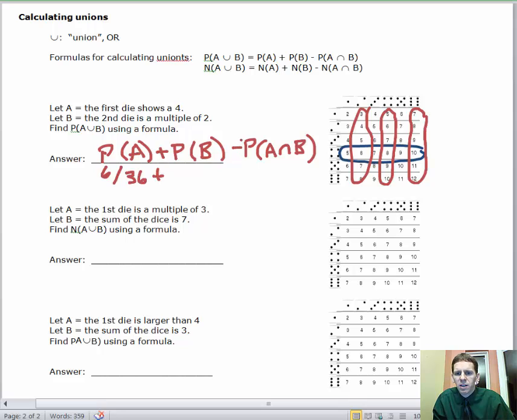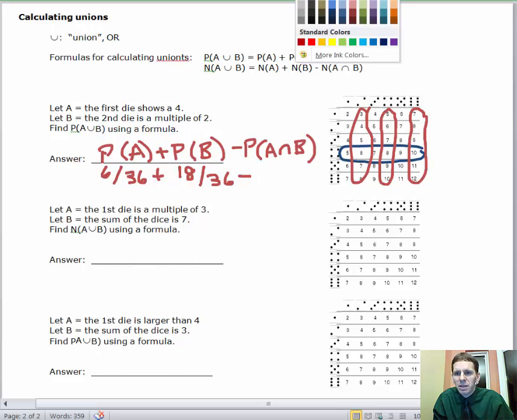The second event is the second die is a multiple of 2. There were 6, 12, 18 different ways that this could happen. Half of our diagram. Now you could write as 1/2, but we're going to leave it with the same denominator. The probability of A and B were these 3 different intersection points. Remember, A means intersection.